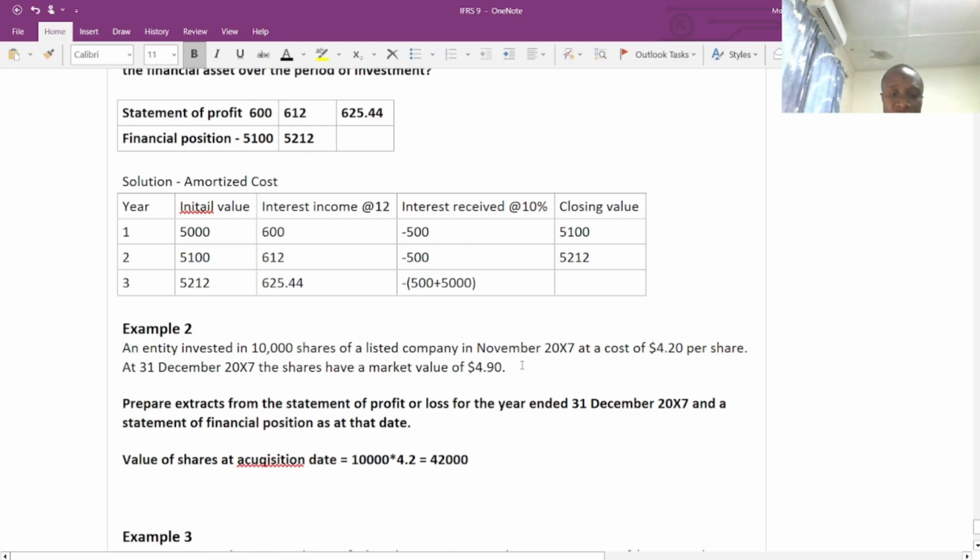And the value of the share at the year end, which is 31st December 20x7. This is at acquisition date in November 20x7.